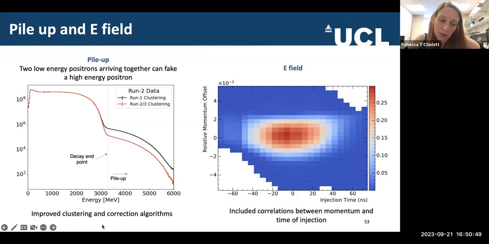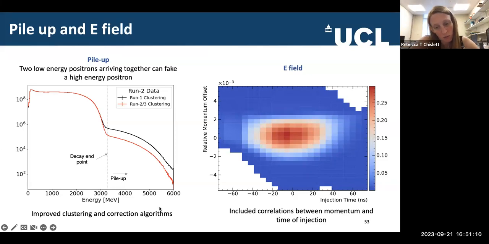But we improved the way that the clustering was done. So we could better differentiate between 2 positrons that might arrive at the same time. And then there were also changes to the way that the pileup correction was calculated, which also improved the measurement in general.